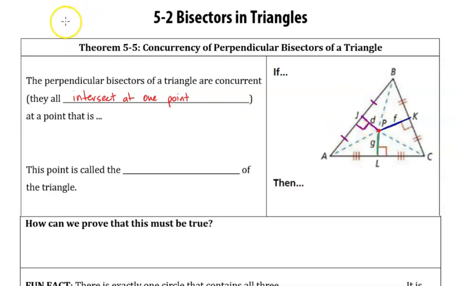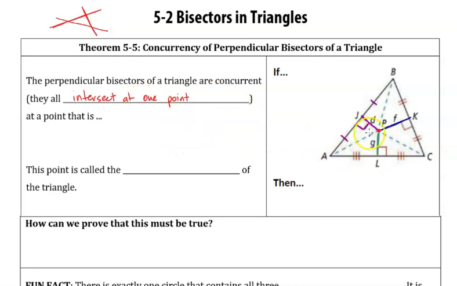If I just sketch out three segments up here, I could sketch a segment like this, a segment like this, and then when I add a third segment into my sketch, it's not guaranteed to go through that same point, right? It could look like this. So the fact that these three perpendicular bisectors all intersect at one point is, I would say, geometrically interesting.